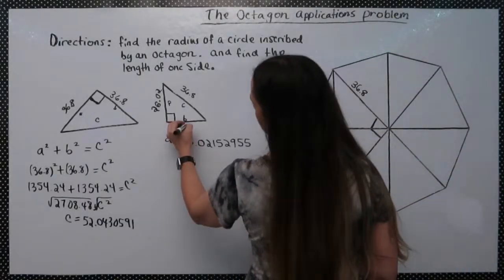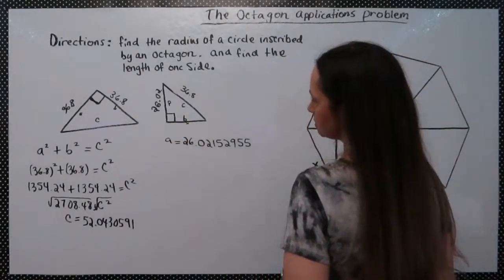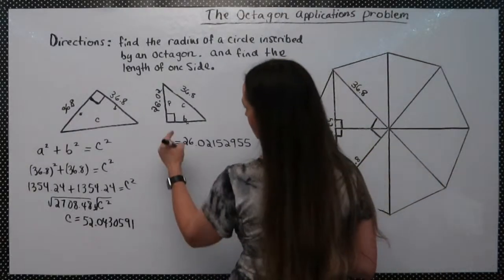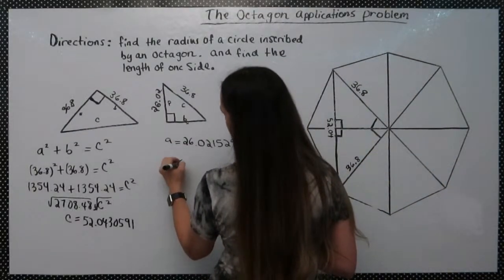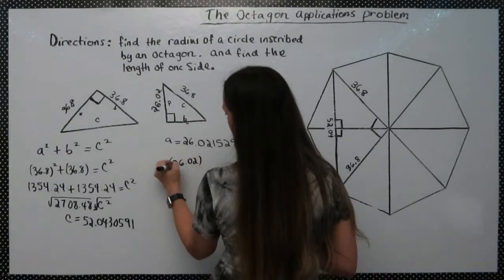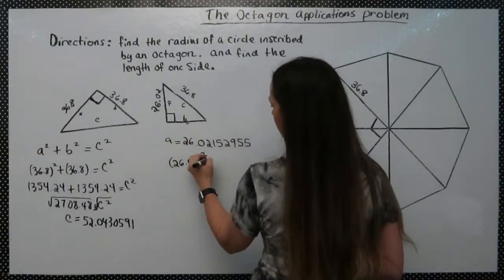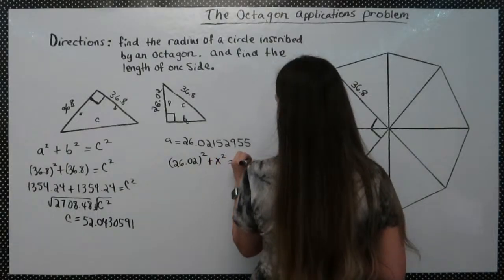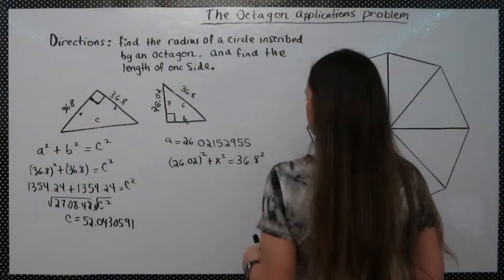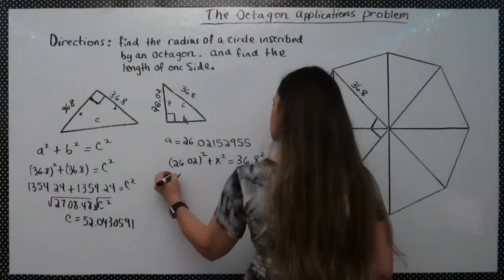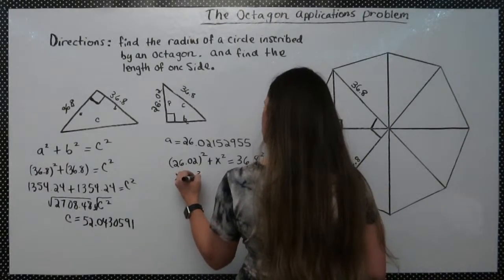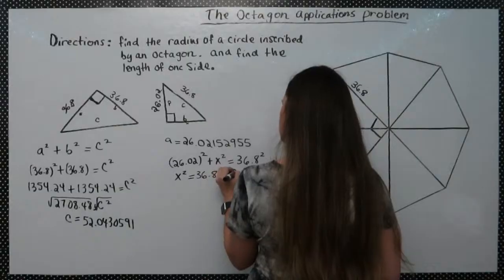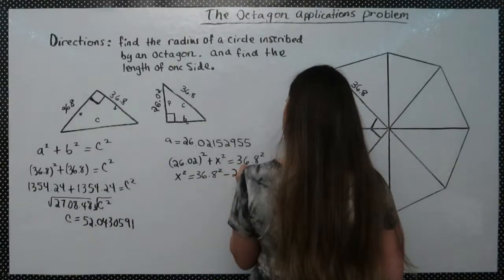Now I want to find this side length. So I'm going to again use Pythagorean. So a squared is 26.02 squared. x is going to be b. So plus x squared equals 36.8 squared. So we've got x squared equals 36.8 squared minus 26.02 squared.